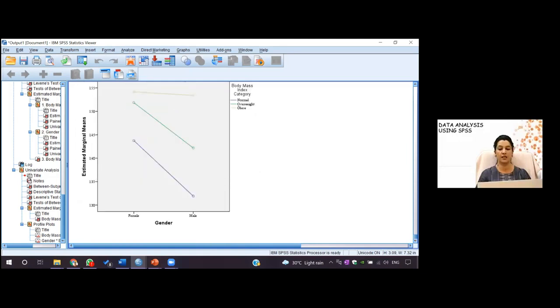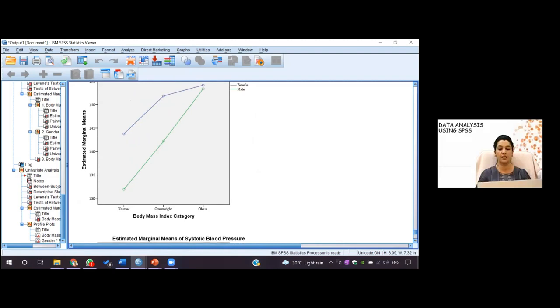We will go down. Now see the profile plot. So what is this profile plot saying? This profile plot is saying that there is some interaction because the lines are not parallel.